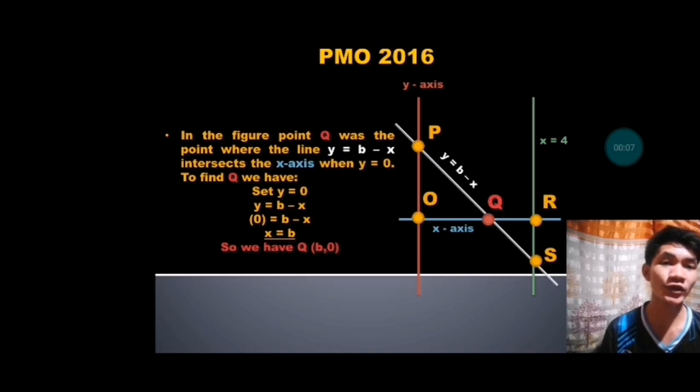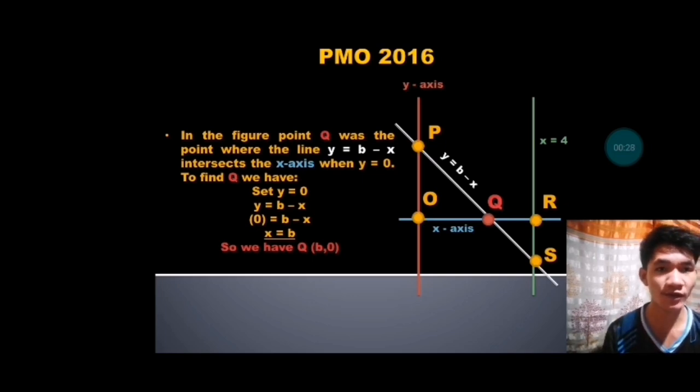In the figure, point Q is the point where the line y is equal to b minus x intersects the x-axis when y is equal to 0. To find Q, we set y equal to 0. Using the given equation y is equal to b minus x, we plug in the value of y, which is 0.